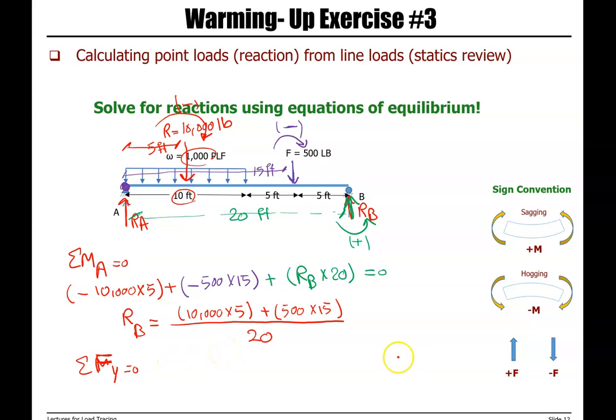So now we have this beam. Here is our resultant, which is 10,000 pounds. Here we have 500 pounds. Here we have reaction of B. And here we have reaction of A.